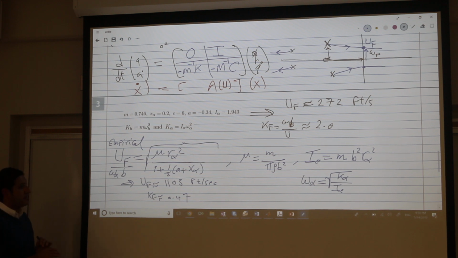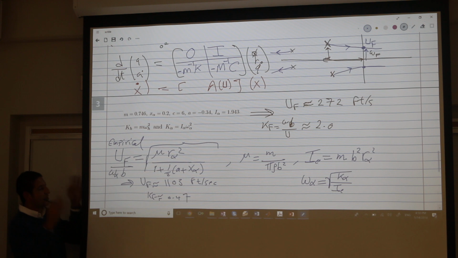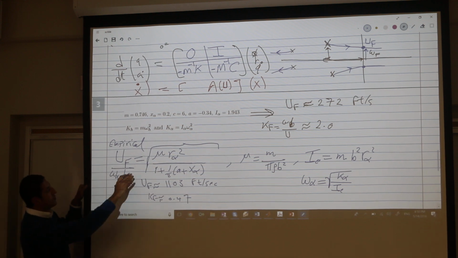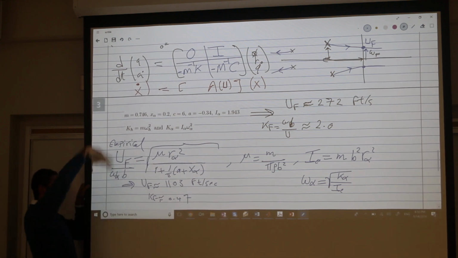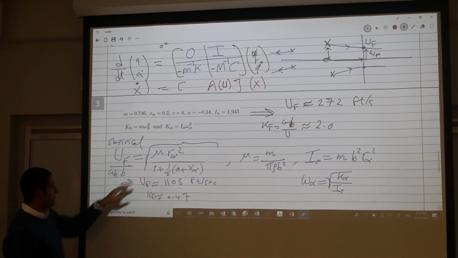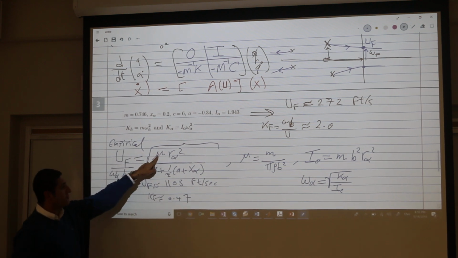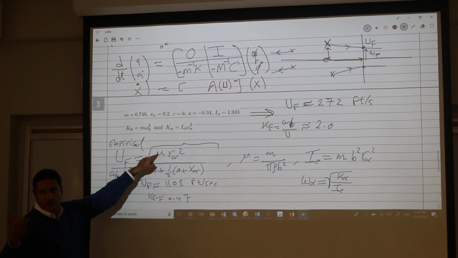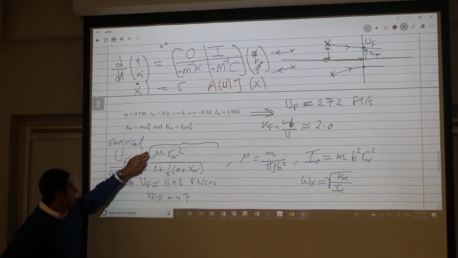It's interesting that all the research that has been done to delay flutter was reversed in recent years to make flutter occur earlier for energy harvesting. Of course, it's not applicable for airplanes, but anyway. So we need this U flutter to be as large as possible, outside of our flight envelope. You can see that a heavier airfoil will help you, which makes sense because it's heavy to oscillate.